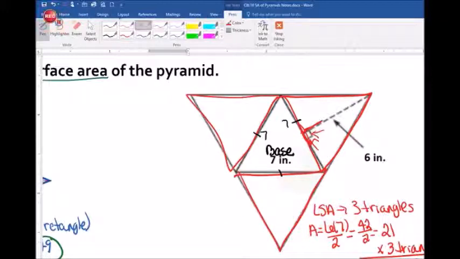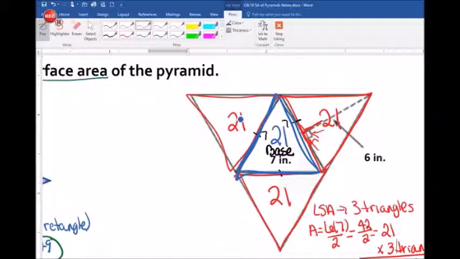Now we need to find the area of the base. The area of the base is this triangle in the middle. And since this is an equilateral triangular pyramid, I know that all 4 triangles are going to be the same. So if these triangles on the outside were each 21, then I know the one on the inside is also 21.